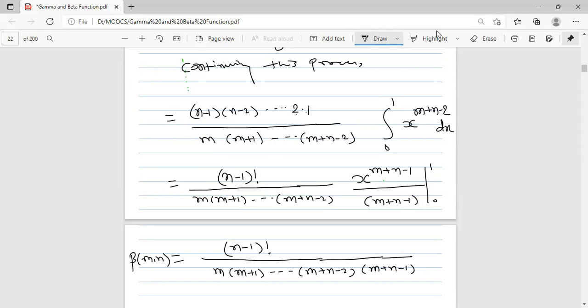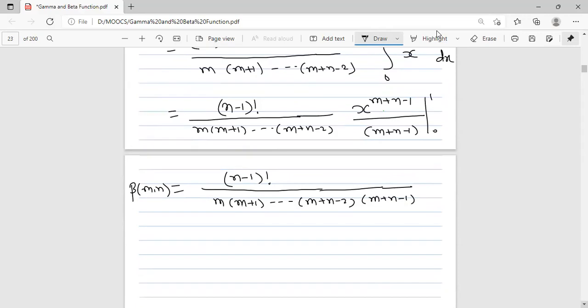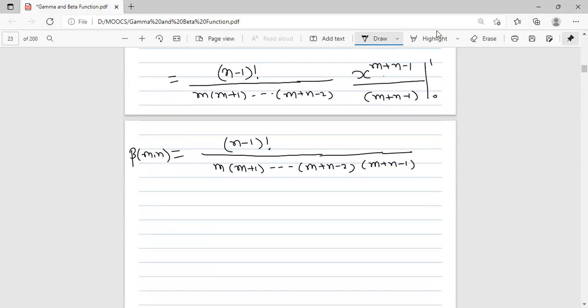That means we are getting beta mn in terms of some number form. I will again rewrite this term, n minus 1 factorial whole divided by m into m plus 1, and so on to m plus n minus 1.